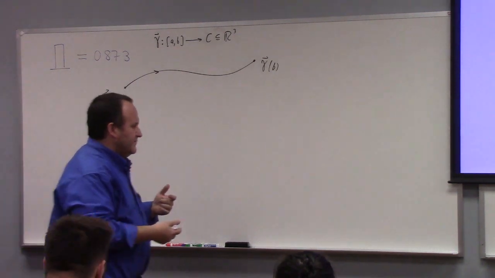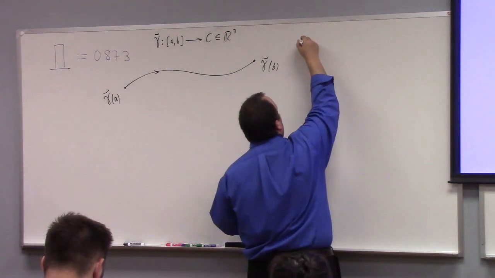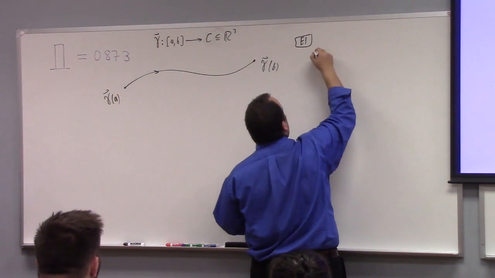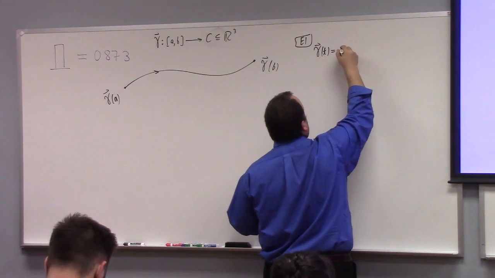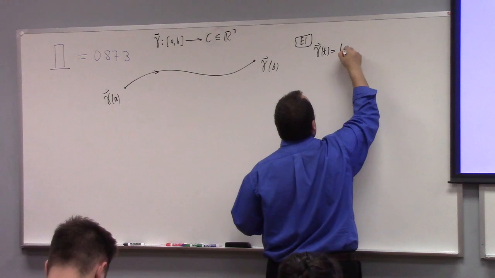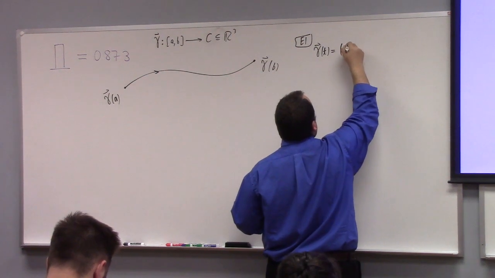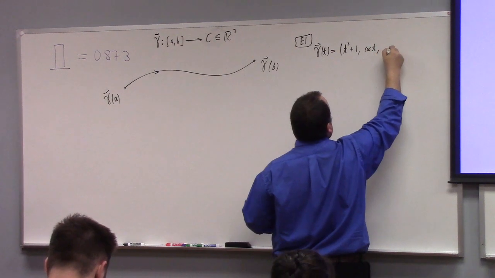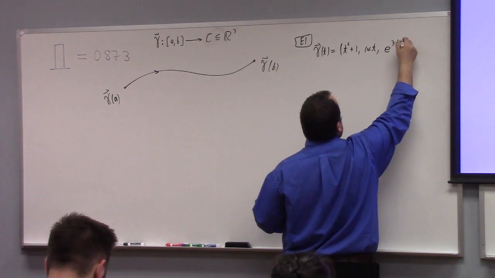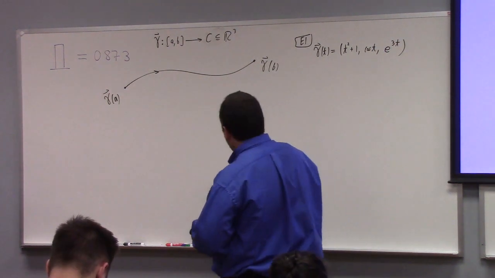So let me bring this to life with an example. Let's say gamma of t is t squared plus 1, cosine t, e to the 3t. We haven't looked at that one yet. There's a curve.